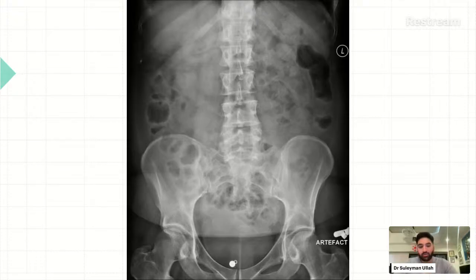Okay, not as many answers this time round. So nobody's able to spot the problem on this X-ray.